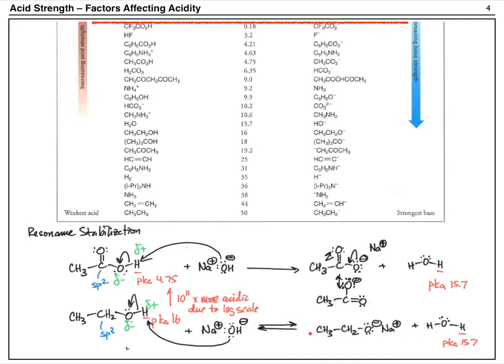So the forward and the reverse reaction are both occurring at similar rates, so that you have essentially 1, 2, 3, 4 species all in the reaction flask as the reaction is occurring.